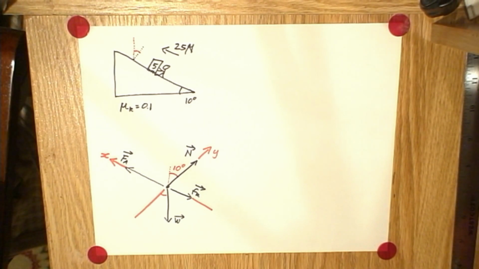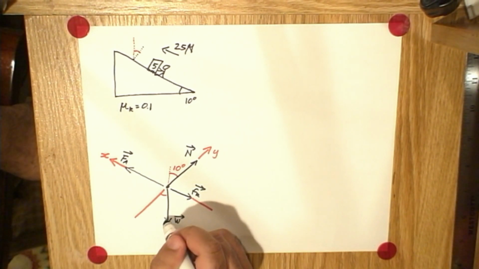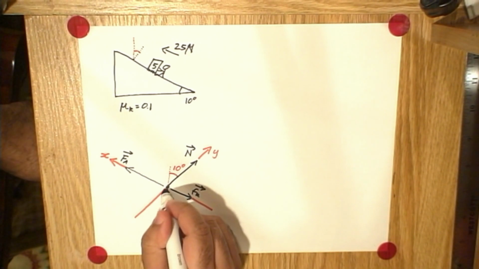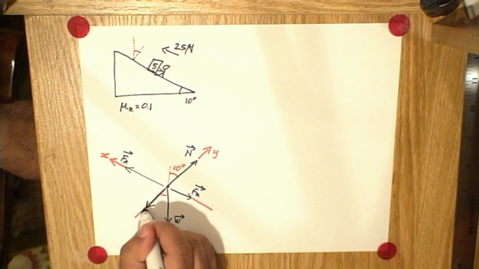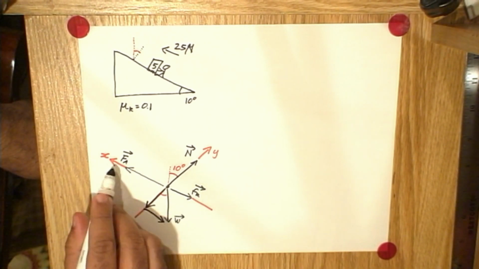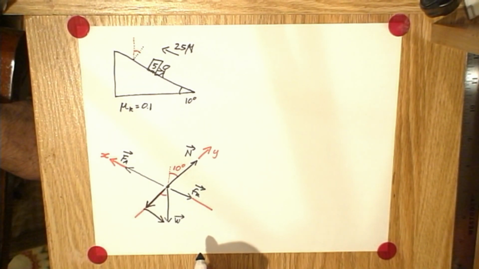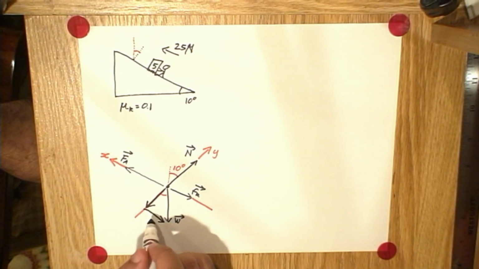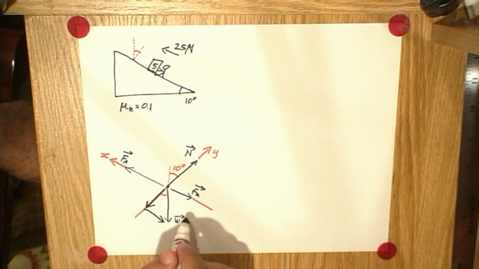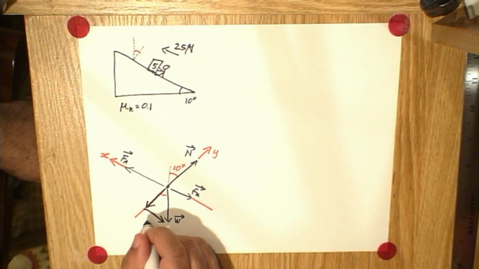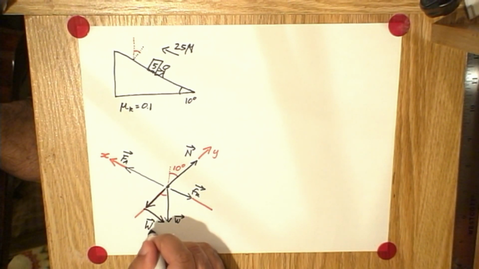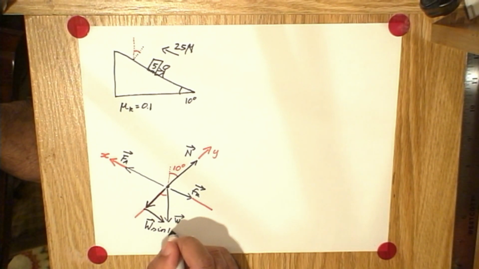The next step is to break the weight force into its components. So one component is going to be along the y-axis, and another component will be parallel to the x-axis. The component that is parallel to the x-axis is opposite this 10-degree angle. So that means this is going to be weight sine of 10 degrees.